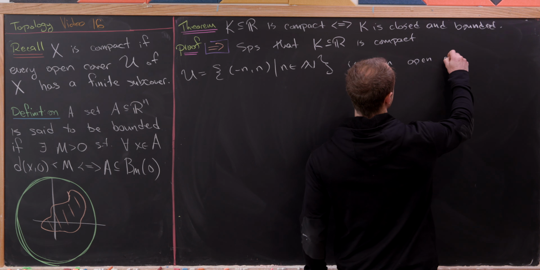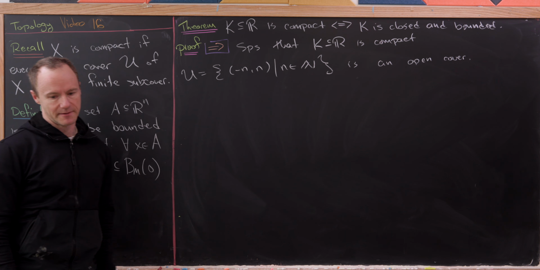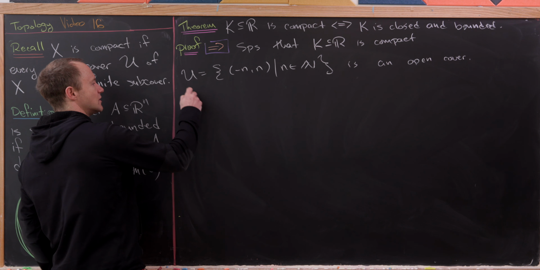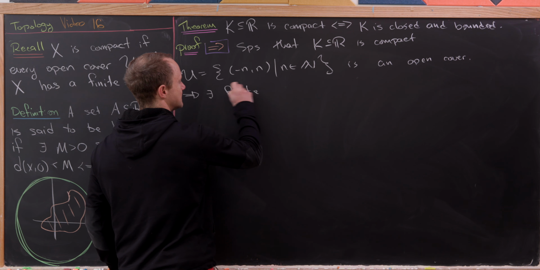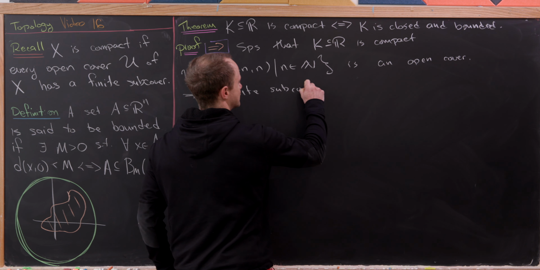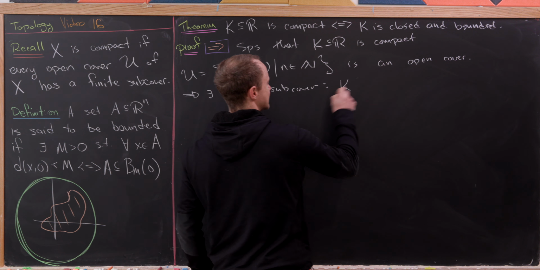I think that's pretty clear. It's just extending out these intervals a little bit at a time. So since it's an open cover, that means that there exists a finite subcover.